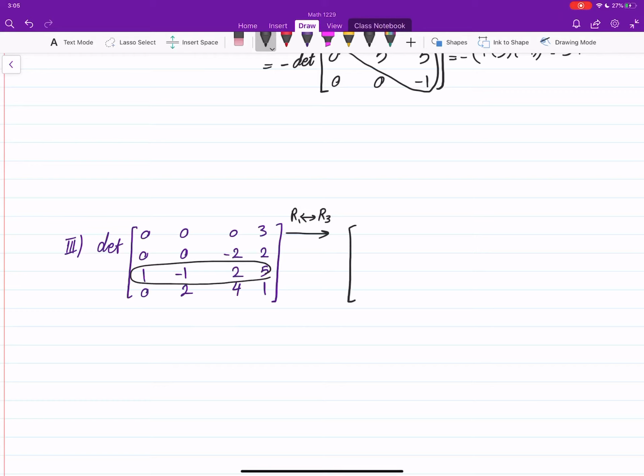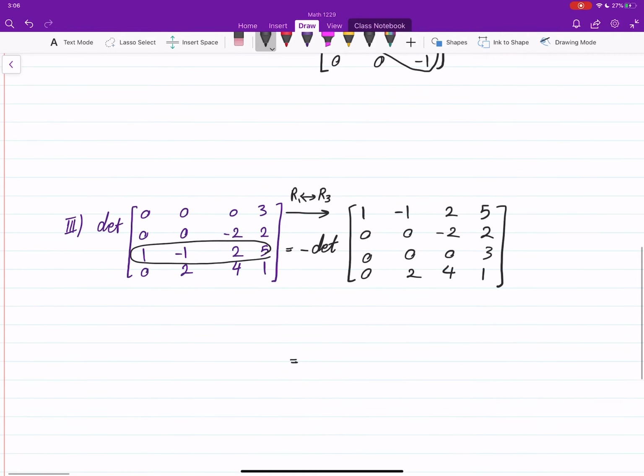This will make 1, negative 1, 2, 5. And here's 0, 0, negative 2, 2, 0, 0, 0, 3, and 0, 2, 4, 1. This operation, you have to multiply the determinant by a negative sign.